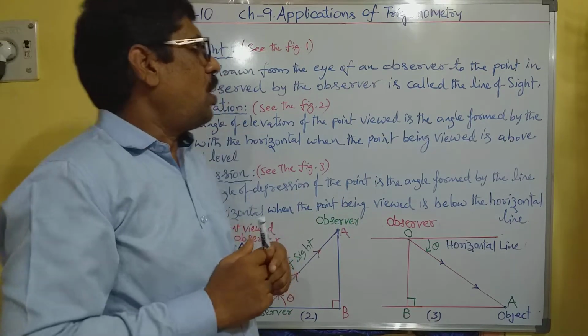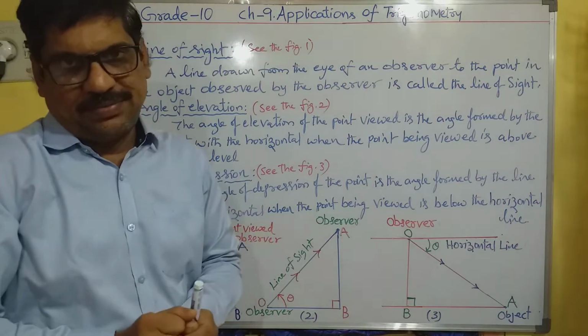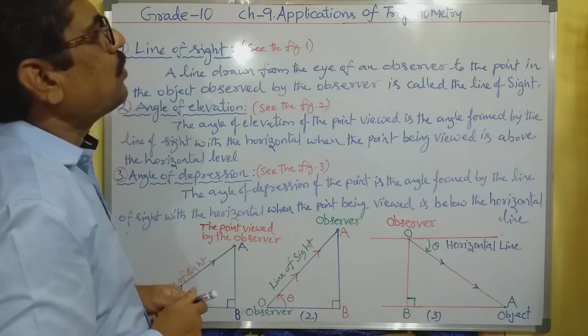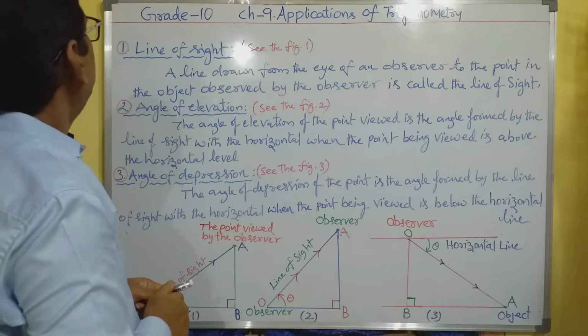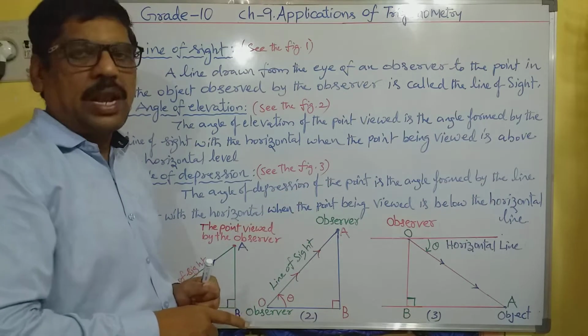First of all, let us discuss what is a line of sight. A line drawn from the eye of an observer to the point in the object observed by the observer is called the line of sight.